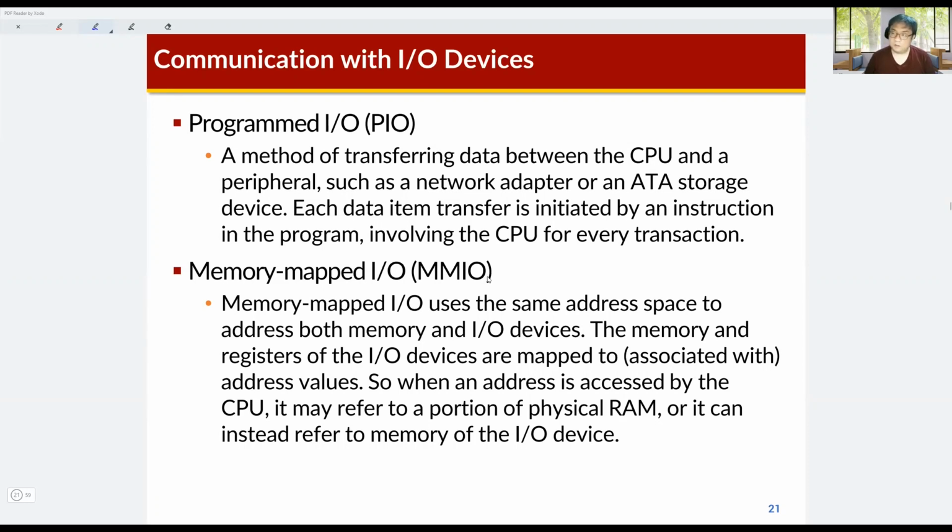Recently we use memory mapped I/O, because in order to support programmed I/O, the CPU resources are also wasted, because the CPU needs to support its own instructions for programmed I/O. That means the CPU directly accesses memories or registers inside of the I/O devices using dedicated instructions like the in and out instructions.